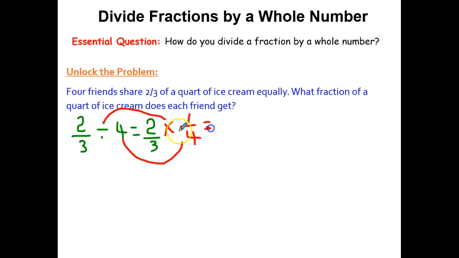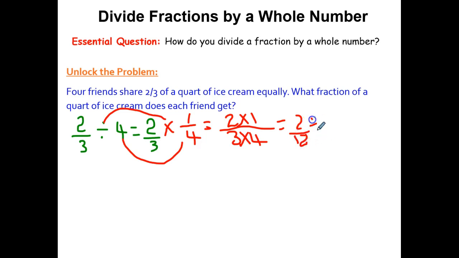So now you have 2 times 1. I'm going to write it out on here. 2 times 1 and 3 times 4, which is equal to 2/12.